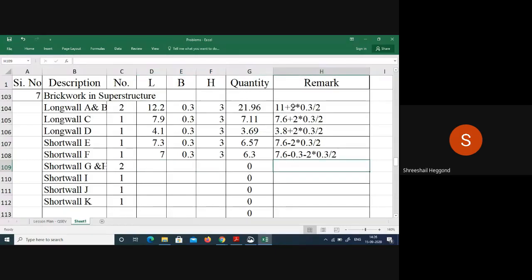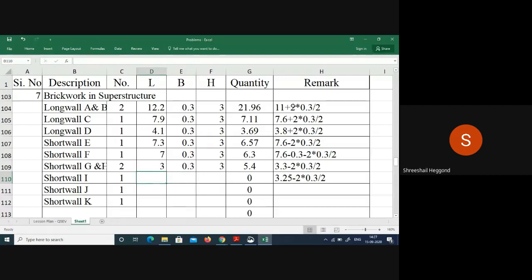And next, G and H center to center is 3 meter minus 2 into 0.3 divided by 2. Therefore, it will be 3 meter, 0.3 and 3. Next, I wall is 3.25 minus 2 into 0.3 divided by 2.